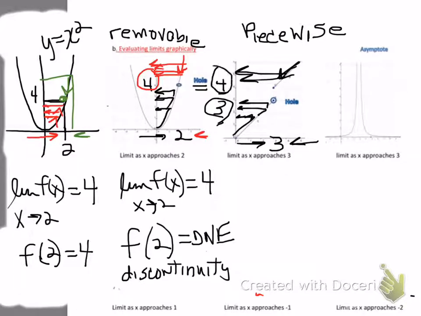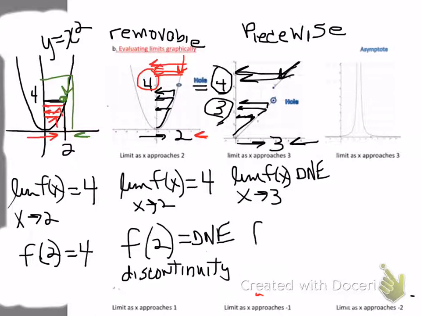Since I'm converging on two different numbers, the limit of f of x as x approaches 3 does not exist, because I have a piecewise function and I'm approaching two different numbers on the y-axis.